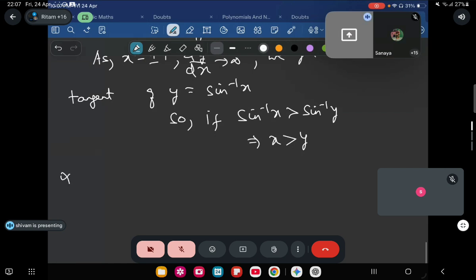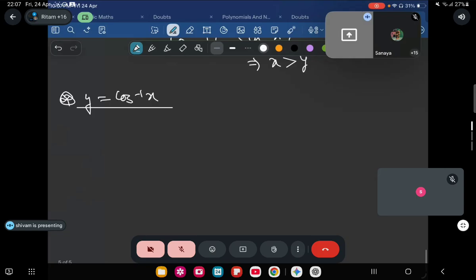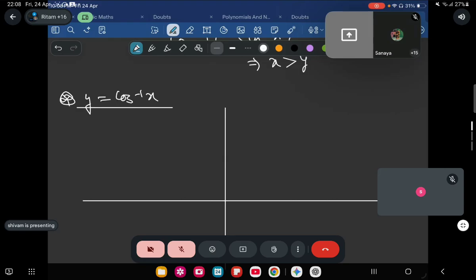Next, y equal to cos inverse x. Our next one is y equal to cos inverse x. Let us see how we can draw the graph. So again, you draw the graph of cos x from 0 to pi. This is how the graph is going to look.